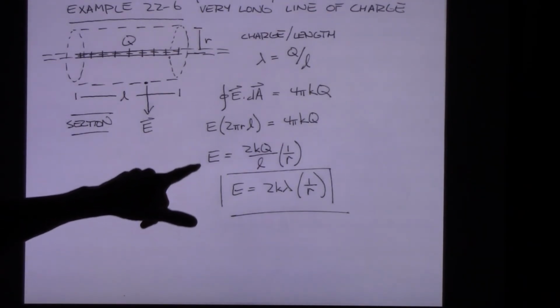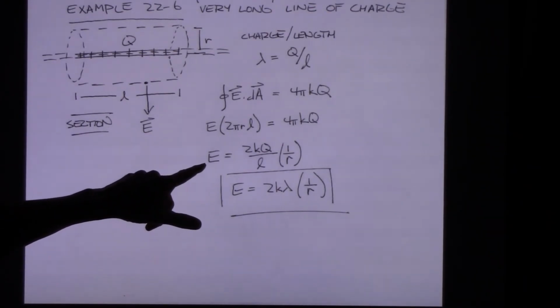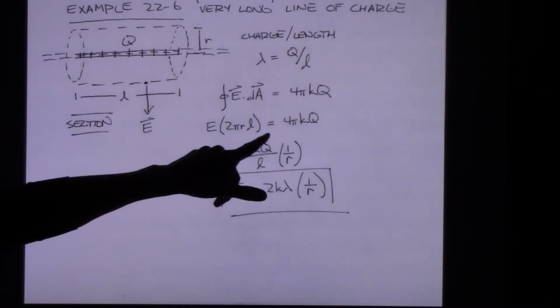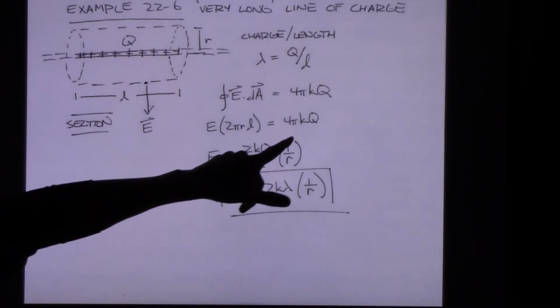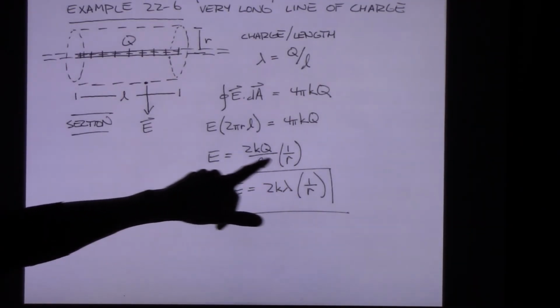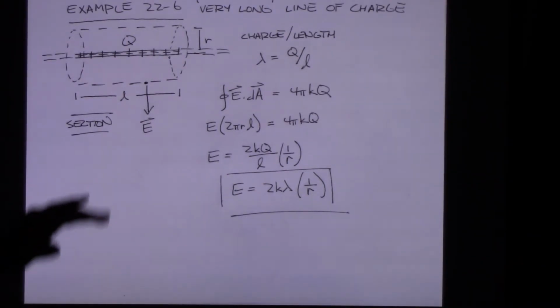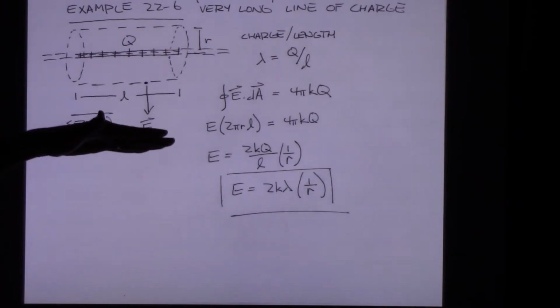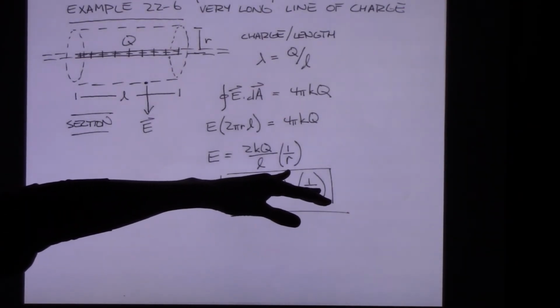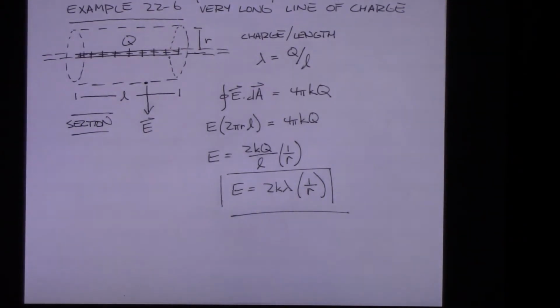And when I carry out the algebra, I get E is equal to 2kQ over L times 1 over r. So the electric field is dropping off. As we get farther and farther away from that wire, the electric field drops off like 1 over r.